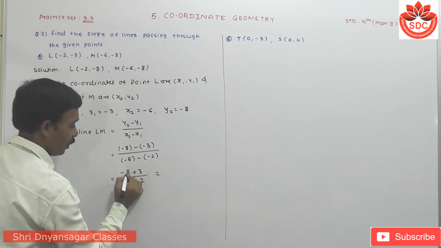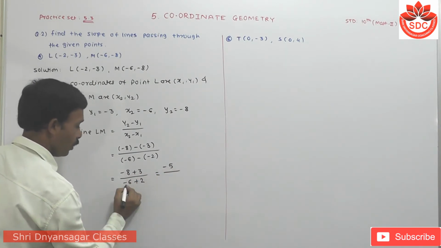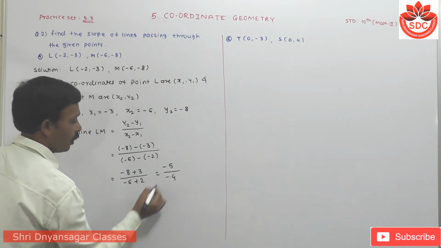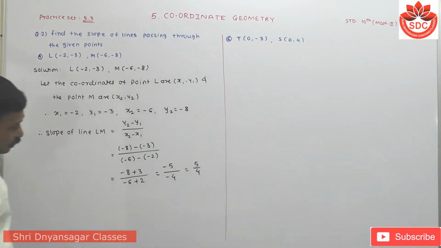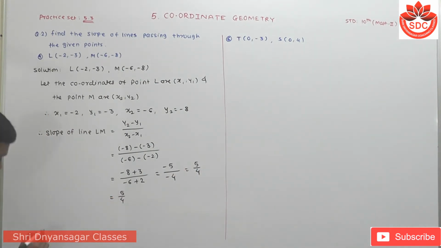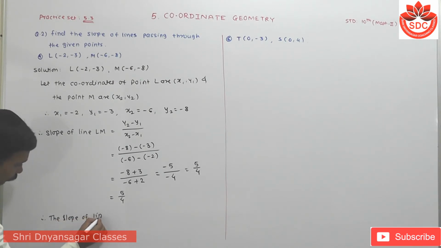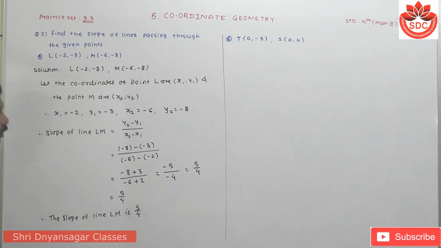Minus 8 plus 3 becomes minus 5 upon minus 4. Minus minus is converted to plus, so 5 upon 4. Therefore, the answer in a full sentence: the slope of line LM is 5 upon 4.